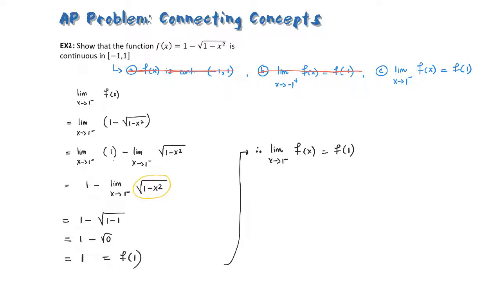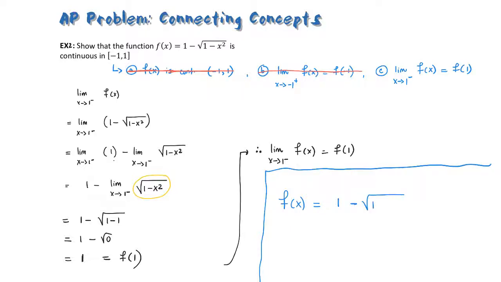What I want to do now, just briefly, is to mention that there is nothing surprising about realizing that f of x is continuous in the interval -1, 1. Here is f of x again. f of x is made up of, let's say, two functions. One, a constant function, and a radical function with a quadratic inside.